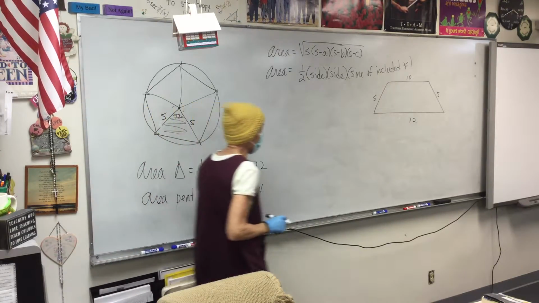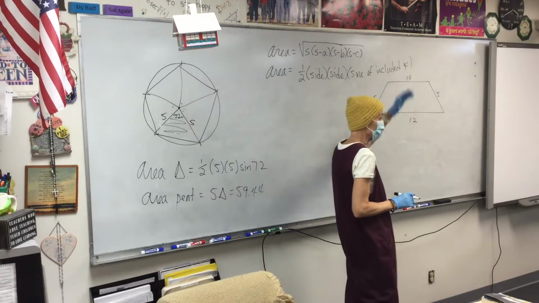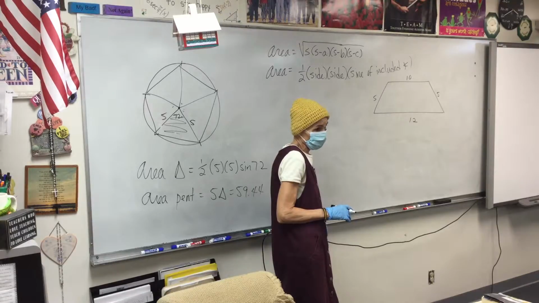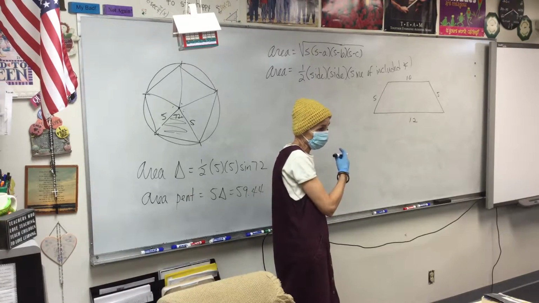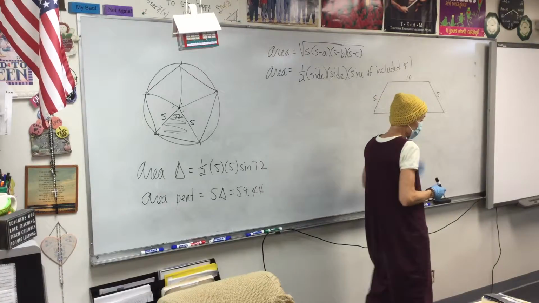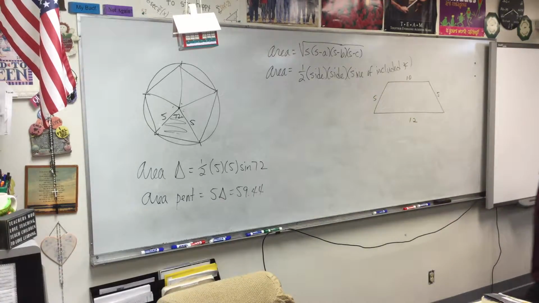All right, now we've got an isosceles trapezoid. Everybody remember what that is? I drew it for you. And our job is to find its area. Isn't that our job? Yep.